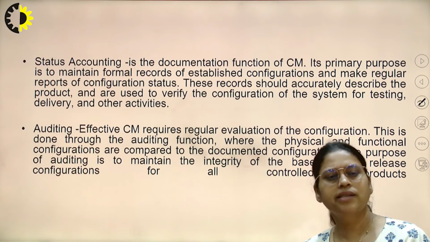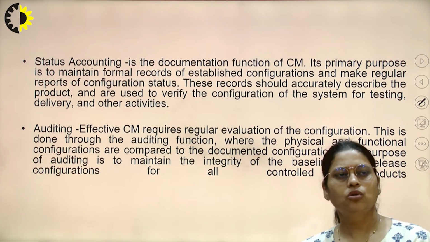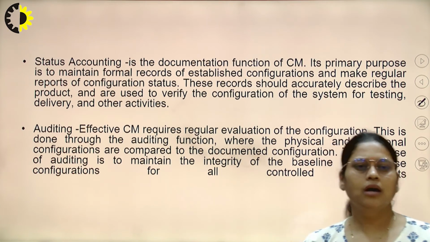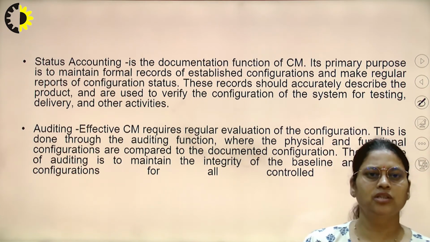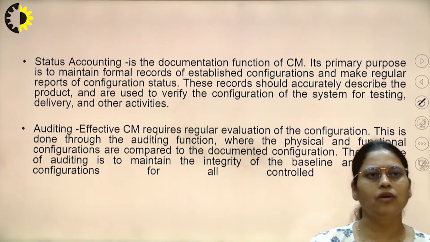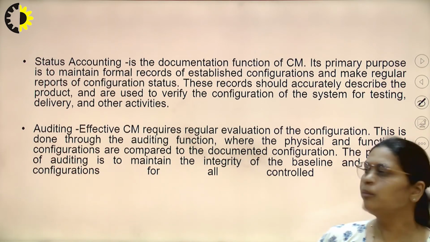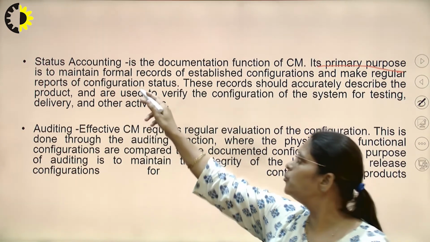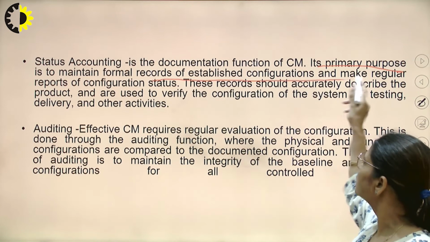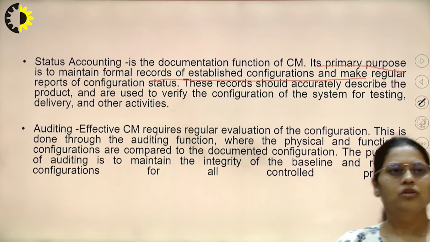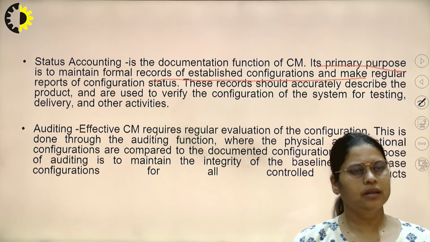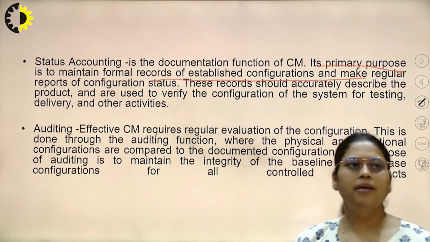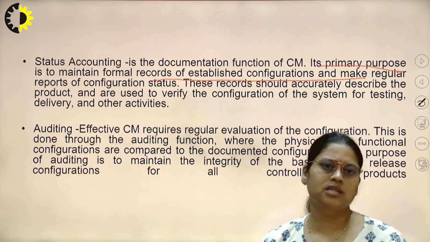Now, the third step is status accounting. In status accounting, it is the part of documentation which we have to maintain during changes. So, it is a documentation function of CM. The primary purpose of status accounting is to maintain a formal record of what we have changed. So, we have to maintain a formal record of the established configuration and make regular reports of configuration status.